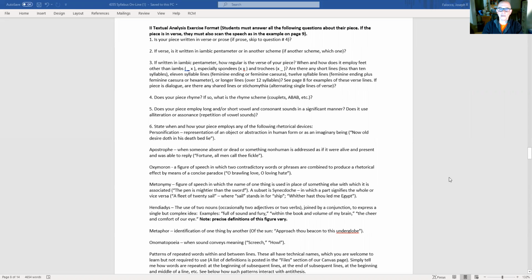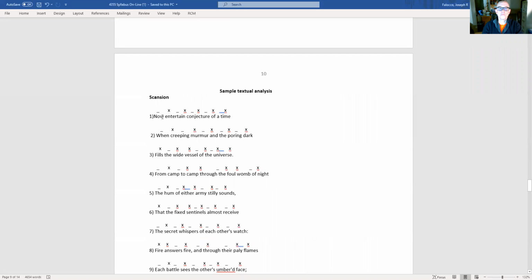So the example on page 9 shows these scansion marks. The dash is the unstressed syllable, thus the X is the stressed syllable. So a regular line of iambic pentameter, and this first line is regular. "Now entertain conjecture of a time."